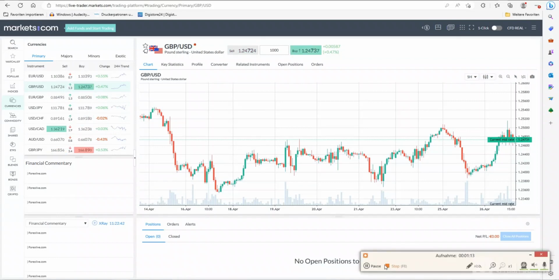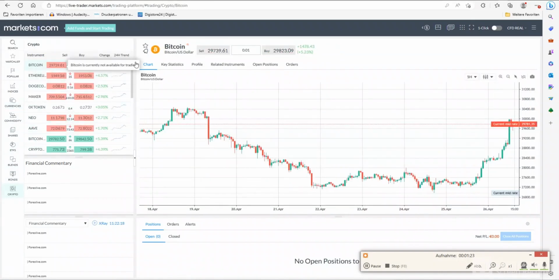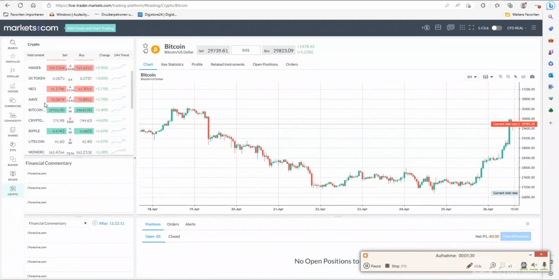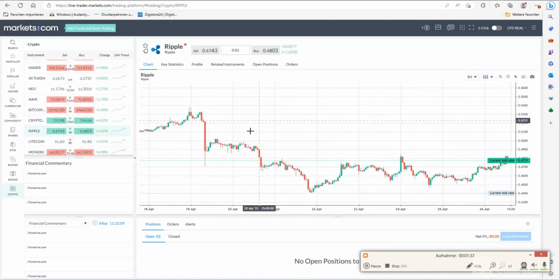Let's have a look also at other assets. So we have seen this here. We have also here crypto, the Bitcoin, or for example Ripple.